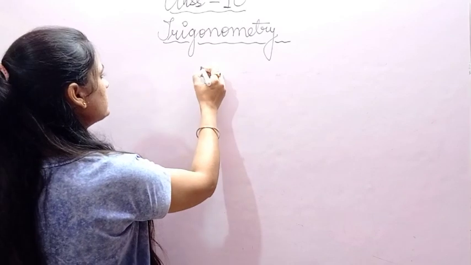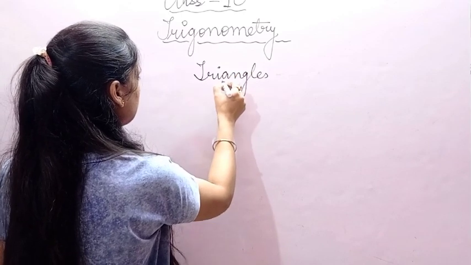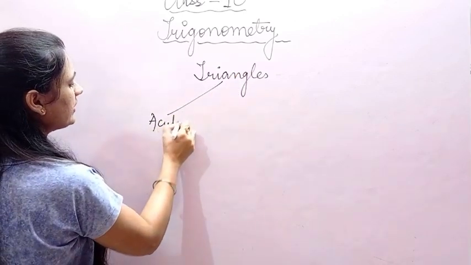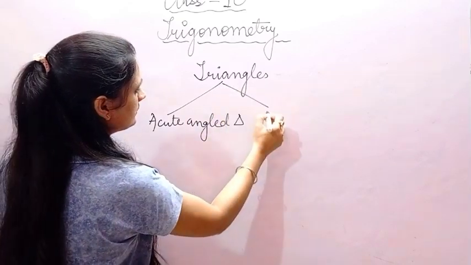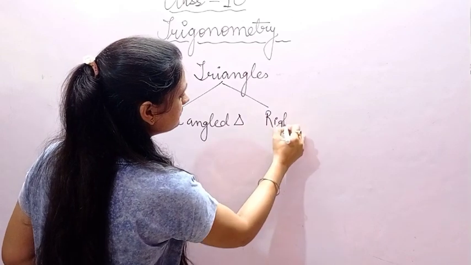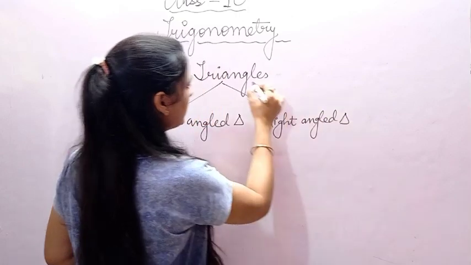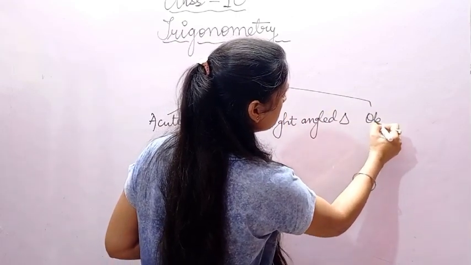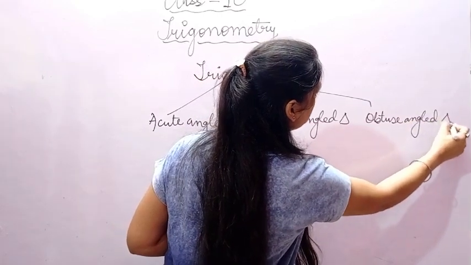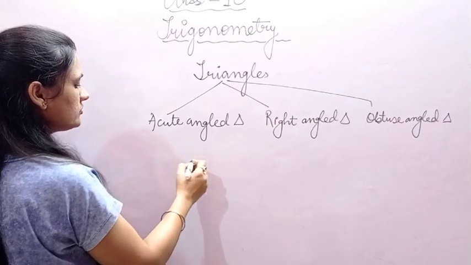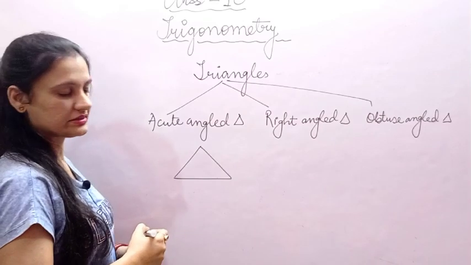Before I start this chapter, first tell me, have you heard about triangles like acute angle triangle, right angle triangle, and the last is your obtuse angled triangle? Acute angle triangle somewhat looks like this, where all the angles are less than 90 degree.